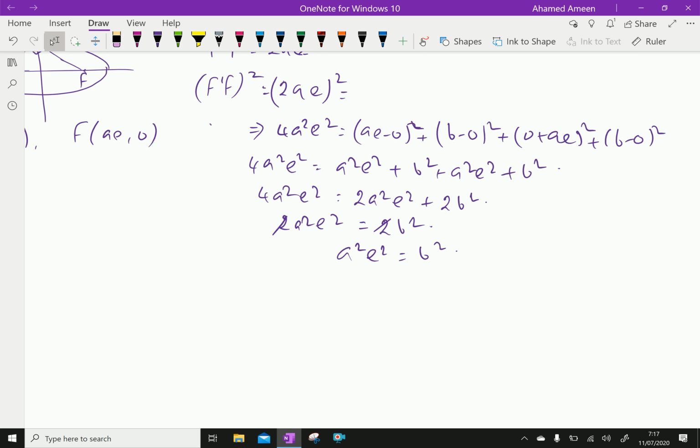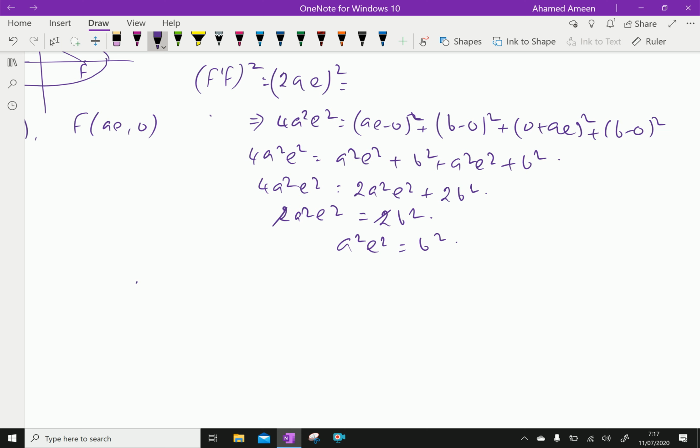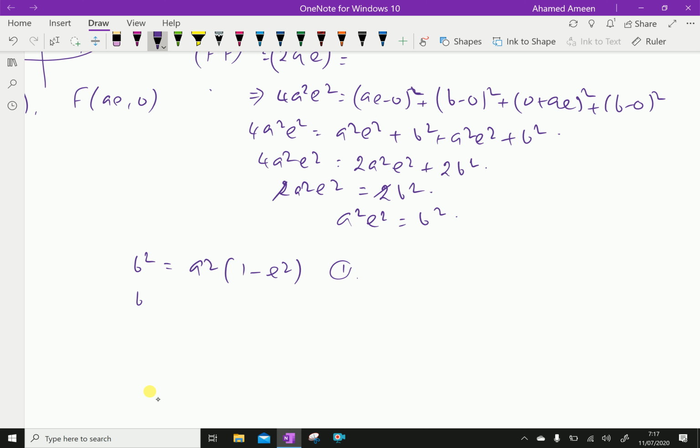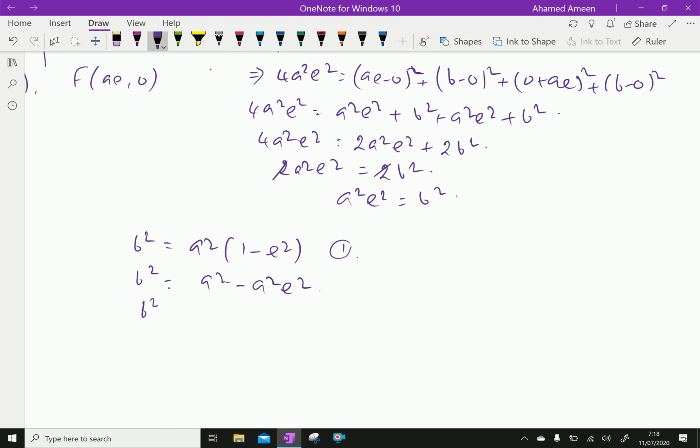Now we know that B squared equals A squared into 1 minus E squared for the ellipse. Now substitute, therefore you can see B squared equals A squared into 1, A squared minus A squared E squared. Already A squared E squared is B squared, therefore which gives 2B squared equal to A squared.